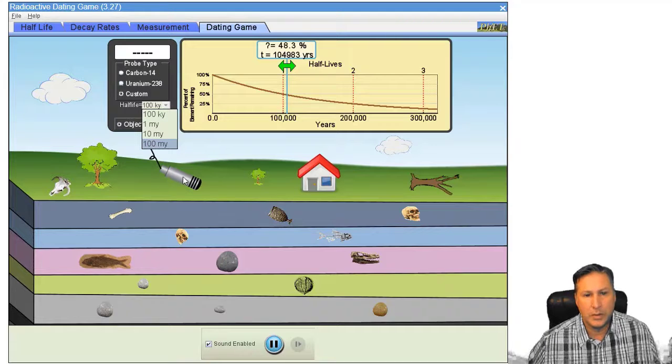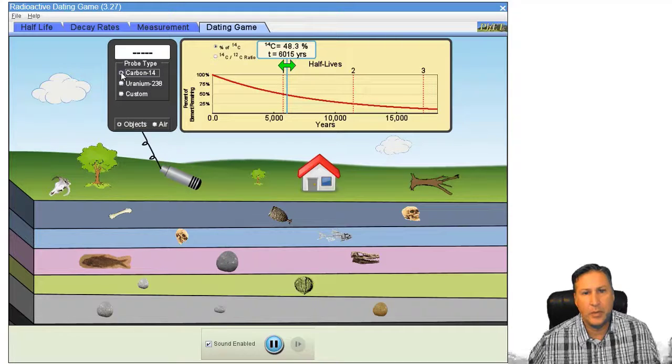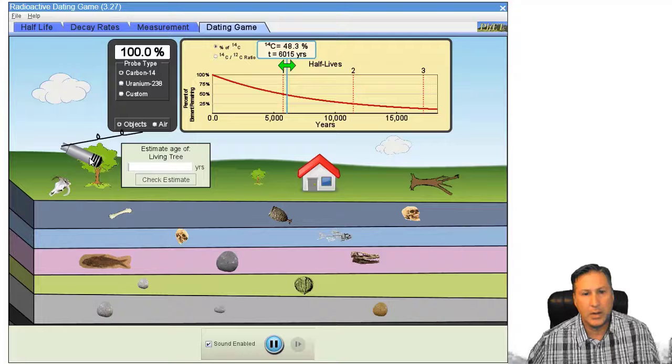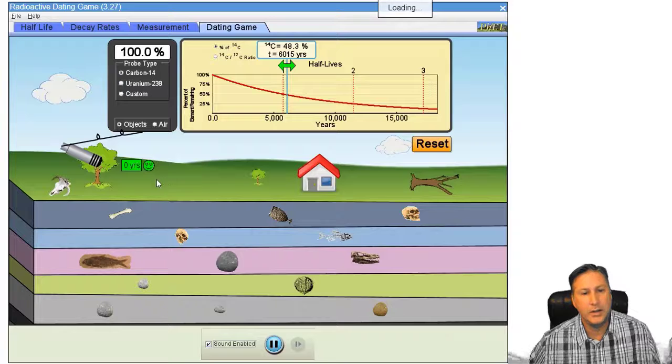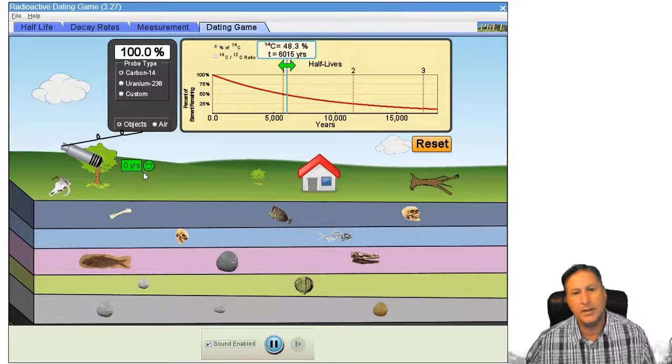So let's start doing this. I'm going to start with carbon-14, and I'm only going to do things that were living, like a tree. Notice this says it's 100%, which means the relative age of the tree, I can just say 0. Why? Because I can't tell the age of living things, and it gives me a little feedback that yes, it hasn't died.